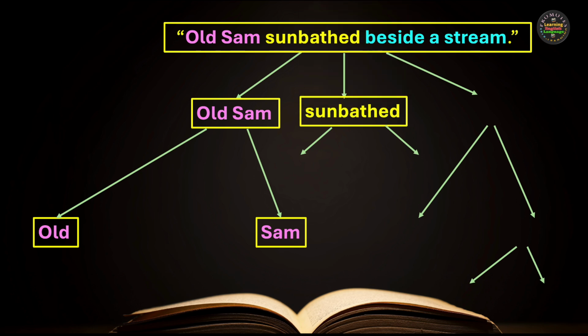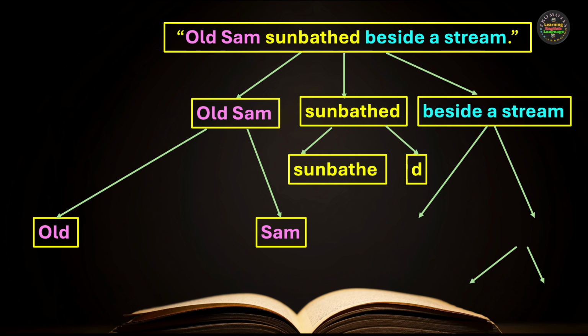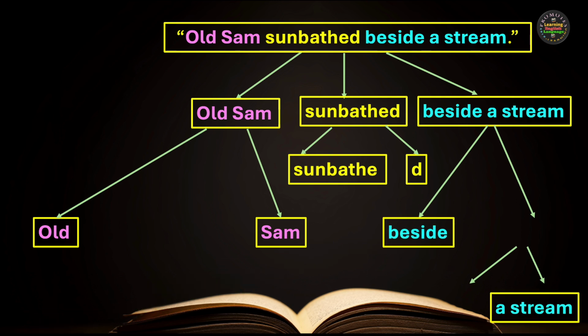Sunbathed. We have the next word. But this word is further divided into sunbathe as verb, and then we change into past, we add D. Then we have the word beside a stream, another chunk of the sentence. Further we can divide this into beside and then a stream.